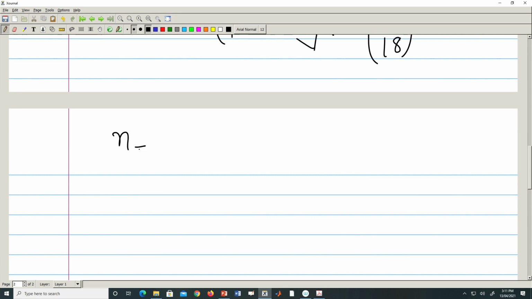So, this is the answer for the first part, the wave impedance for the TE10 mode.